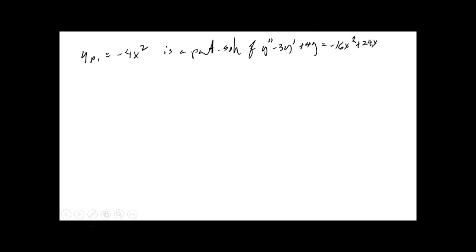They're claiming that yp1 of minus 4x squared is a particular solution of y double prime minus 3y prime plus 4y is equal to minus 16x squared plus 24x minus 8.